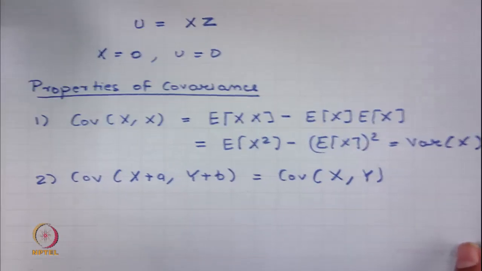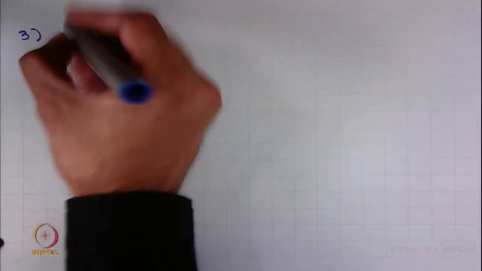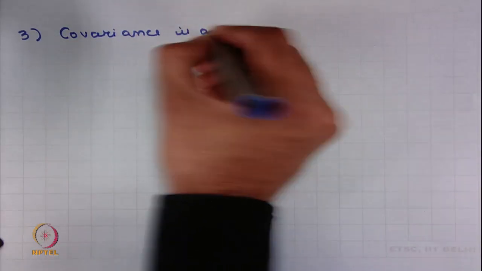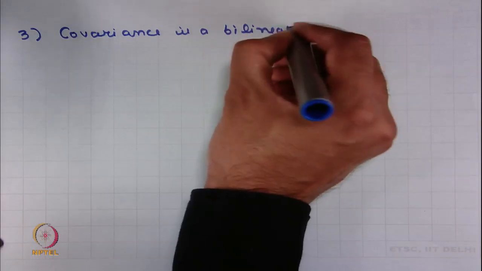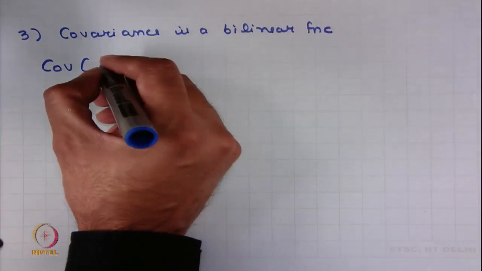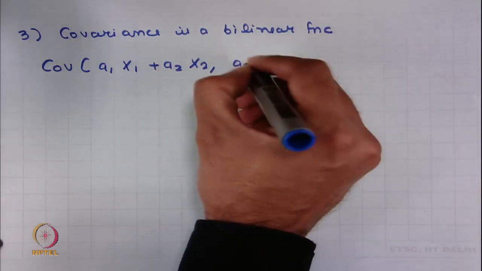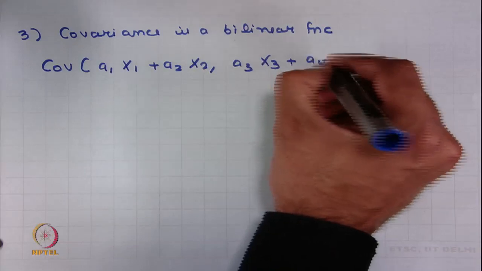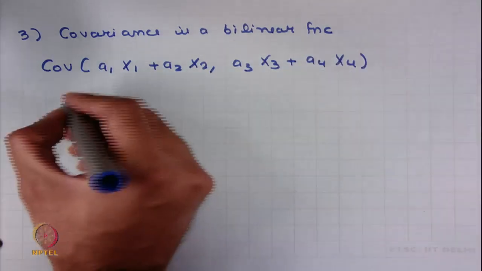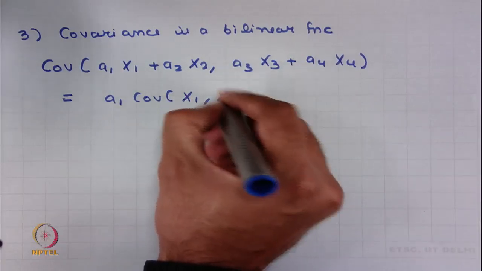Let us see the third property of covariance. We are making a statement that covariance is a bilinear function. What I mean with this is, if you take covariance of a1 x1 plus a2 x2 with a3 x3 plus a4 x4, because it is a bilinear function, you can write this as a1 times covariance of x1 x3.